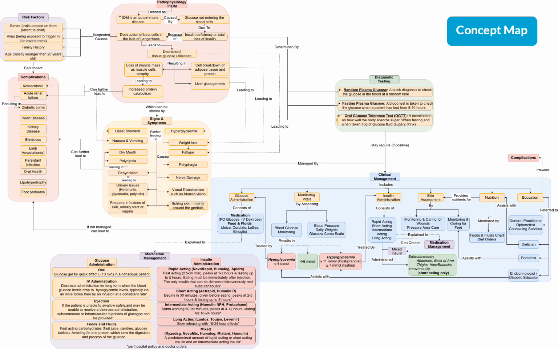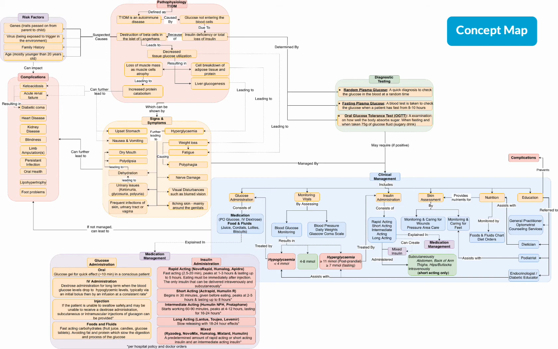So glucose, like I said, we have the oral, which is the glucose gel for a conscious patient, and then also the foods and fluids for another conscious patient as well. So these are fast-acting carbohydrates, so fruit juice, candies, glucose tablets. And so we want to avoid giving fat and protein because those slow down the digestion and the processing of this glucose. We can also give it by IV administration.